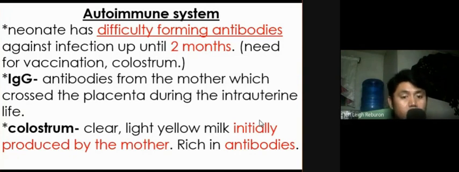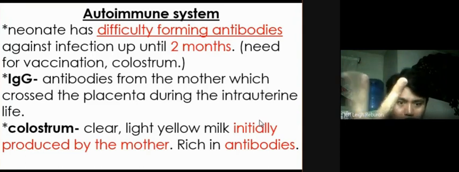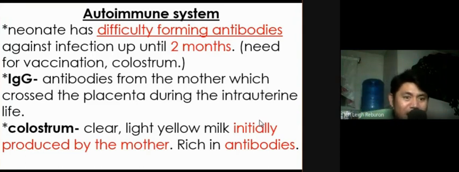So the reason that you are alive right now is because of the protection of your mother. Otherwise, you were prone to having infection. Kasi nga, nahihirapan kayong mag-form ng antibodies for the first 2 months. Pero nakasurvive kayo. Bakit?